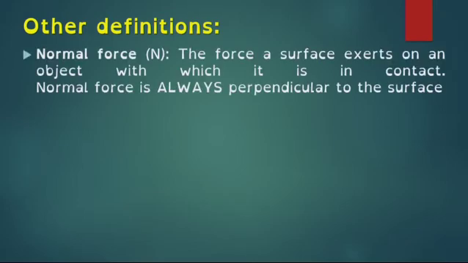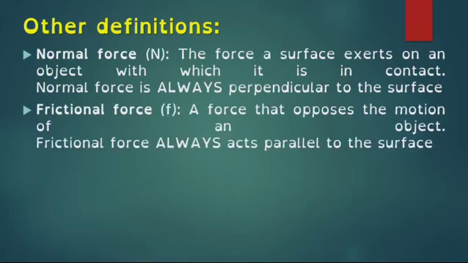Now for this question, there are some other definitions that you also need to know. The definition for normal force. Very, very important about normal force, guys. It is always perpendicular to the surface, no matter which direction that surface points. Then we have frictional force, and frictional force is always parallel to the surface. I sometimes see students draw weird arrows at weird directions.